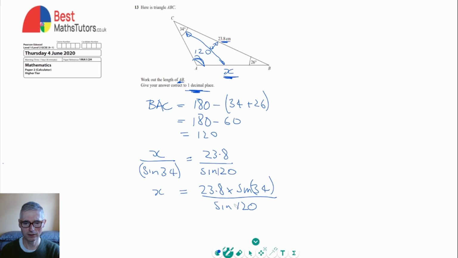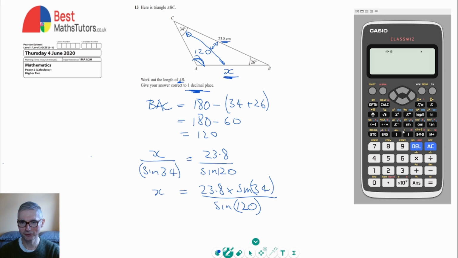We're on the calculator paper for this, so I'm going to need to use my calculator, and here it is. We're going to use the fraction button, 23.8 times sine 34, and then that's over sine 120.